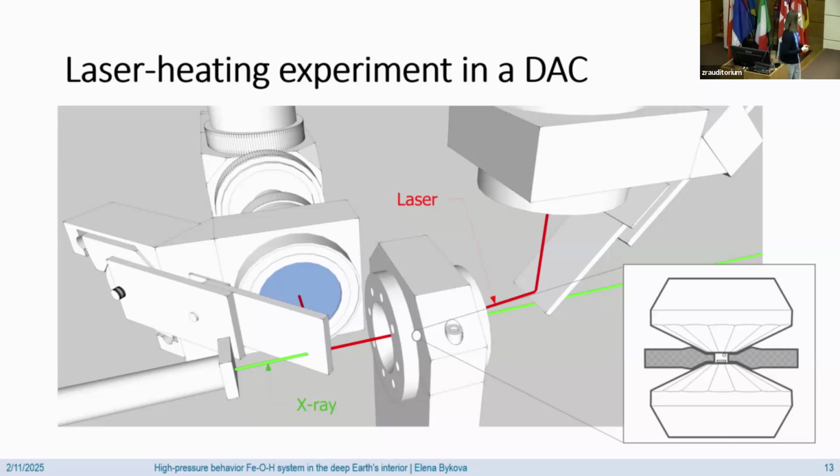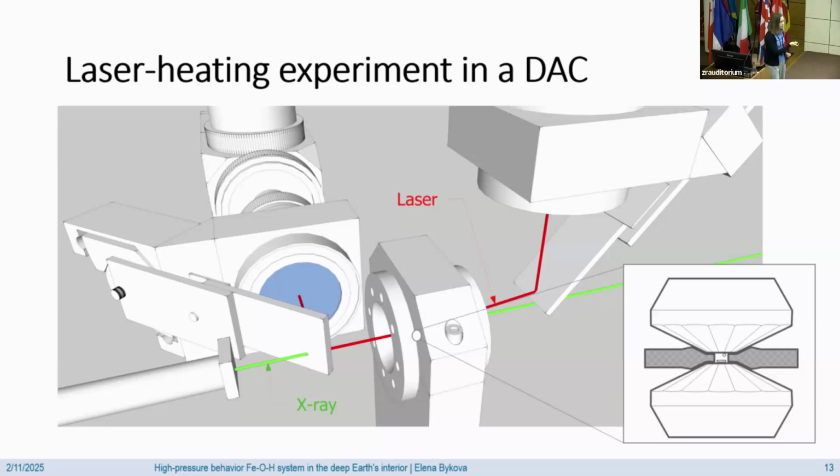Of course, if we are interested mostly in geological processes, which also occur at high pressures and high temperatures, it's beneficial to make such experiments during the heating. And that appears not to be very easy to implement because in a typical single crystal experiment, you rotate the single crystal, but as well, you need to rotate the lasers.